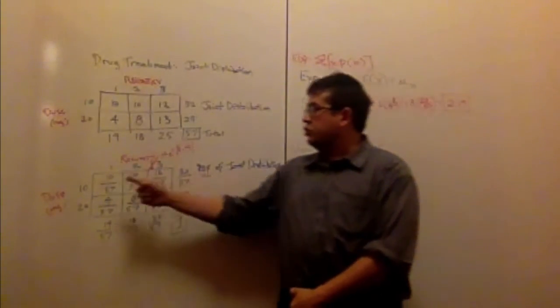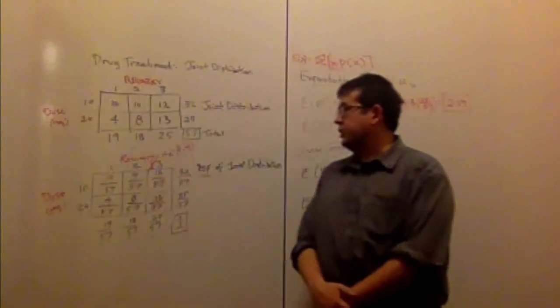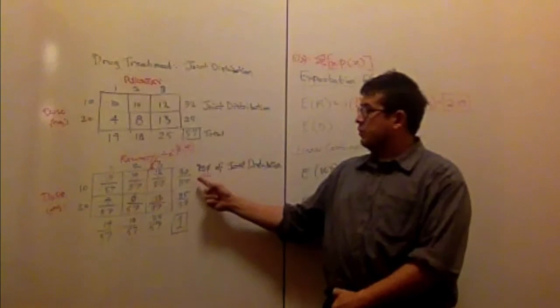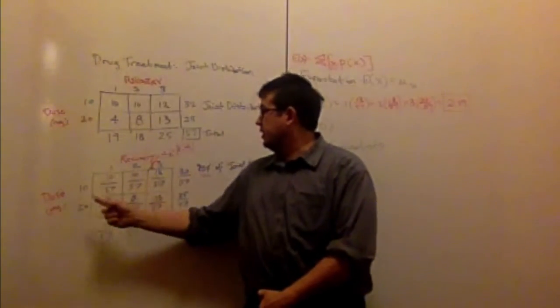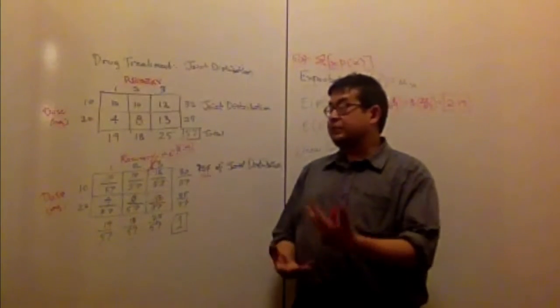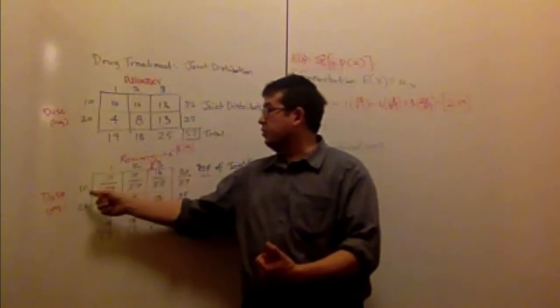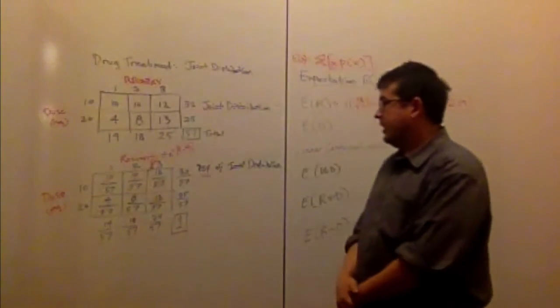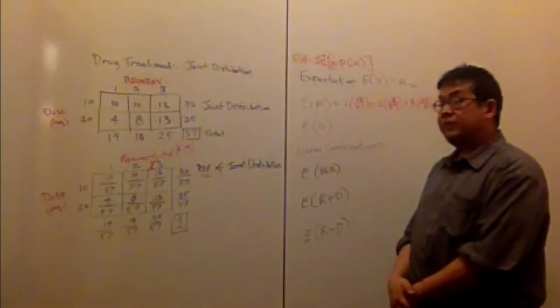Before we begin the dose expectation, looking at the cases, there are more cases receiving 10 milligrams than receiving 20 milligrams, so I expect that mu will be a little less than 15.